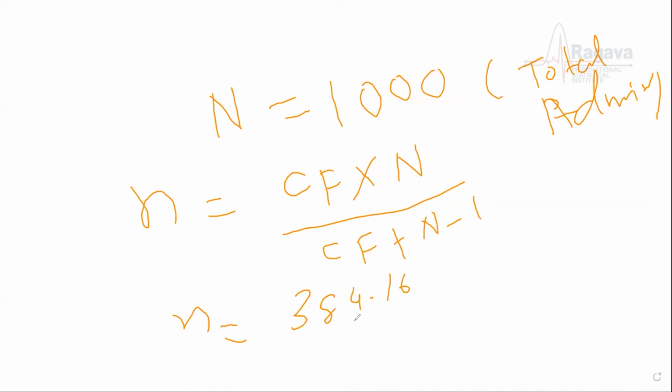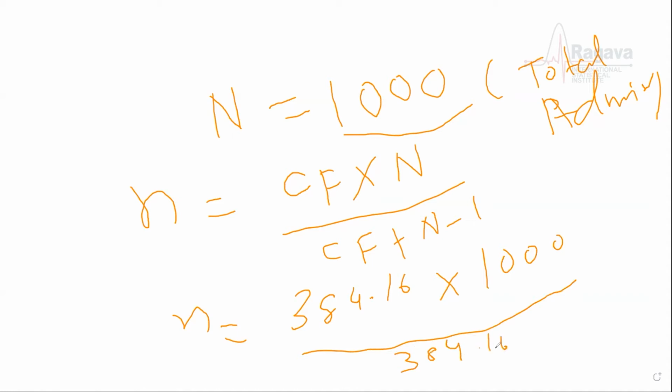It does not vary from problem to problem. So directly we can use 384.16 for the correction factor, multiplied by population size, 1000, over correction factor 384.16 plus population size 1000 minus 1.